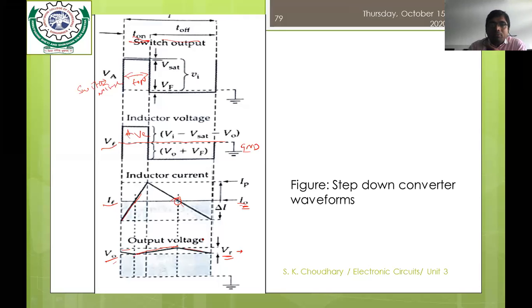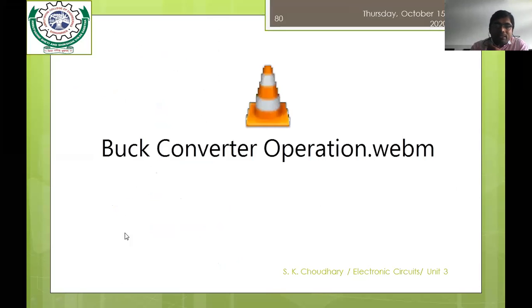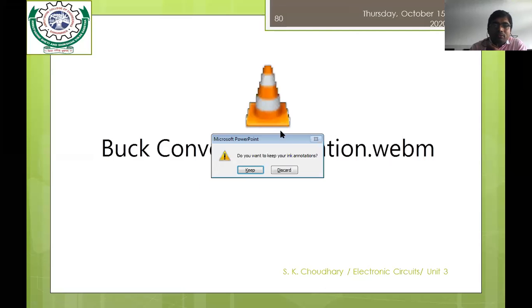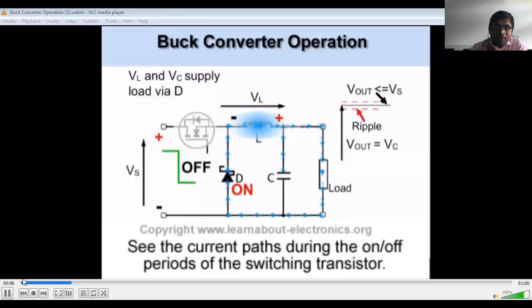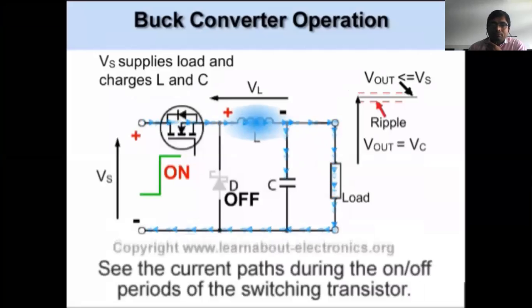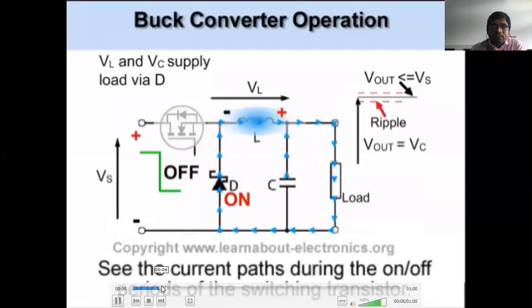Now I will just show you one video regarding this buck converter. Whatever I have explained, it is a similar video that gives you the explanation of how this buck converter works.